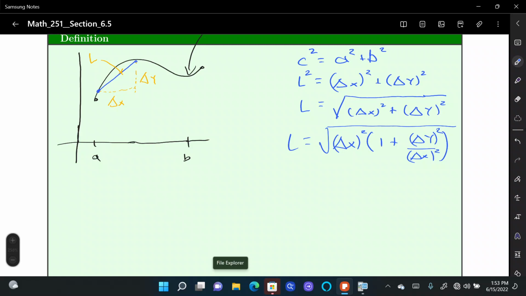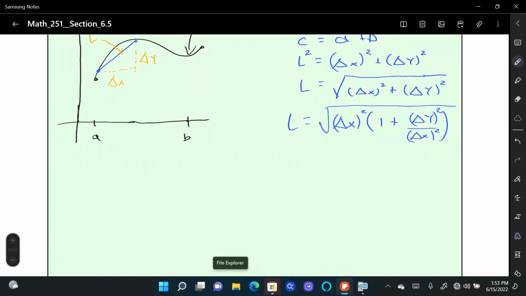Okay, so inside of the radical, what do we have? We have the product of two factors. By the product rule of radicals, we can split this radical as the product of the square root of delta x squared times the square root of 1 plus delta y over delta x quantity squared.